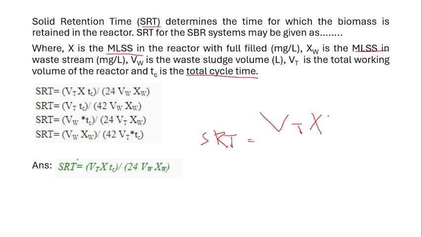And now TC is the total cycle time. So VT into X into TC divided by 24, into VW. Now VW is the volume of water you are collecting as waste sludge. Now XW is the MLSS, the mixed microorganisms in your waste stream. Okay, this is the solid retention time equation.